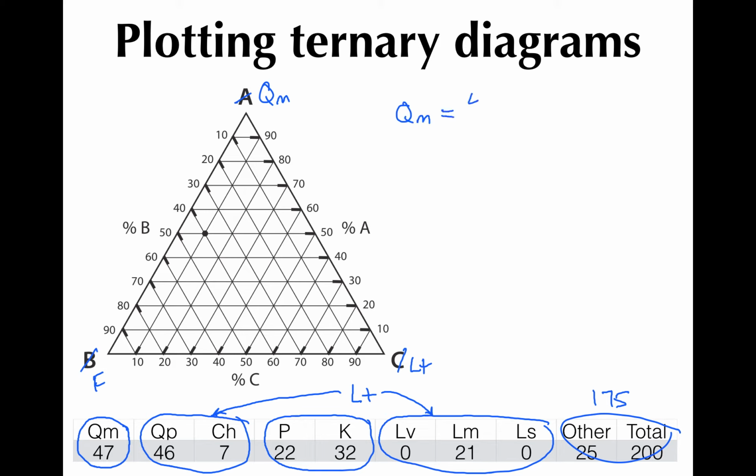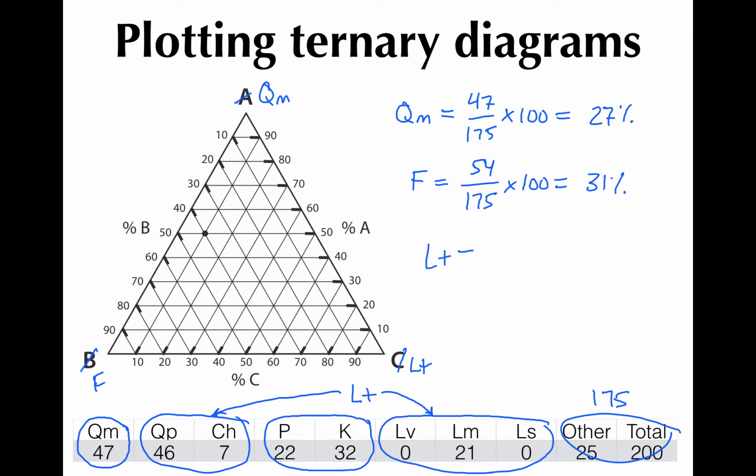QM is going to be equal to 47 over 175 times 100%, which will be 27%. F will be the same as it was before, 54 over 175 times 100 is 31%.